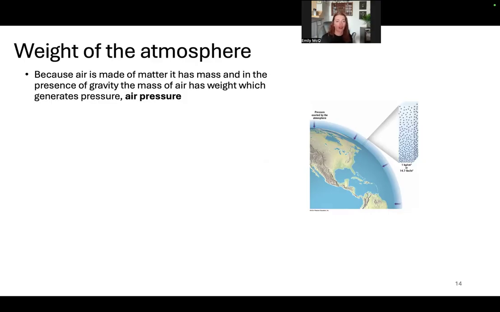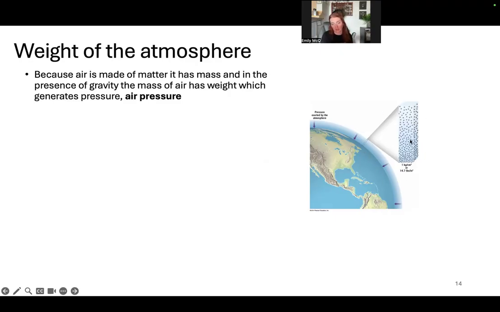So because this air is made of matter, it has a mass, it has a weight to it. And the presence of gravity on this matter is going to make the weight of the atmosphere heavier towards the base of the atmosphere.